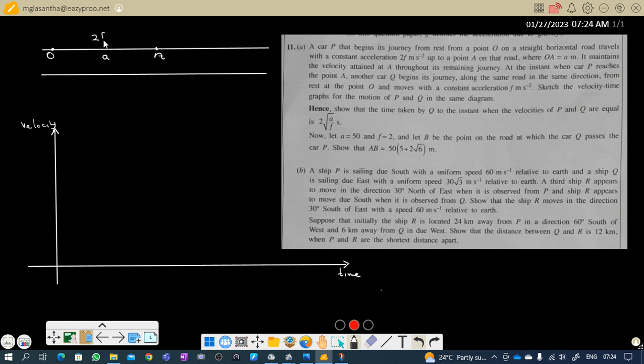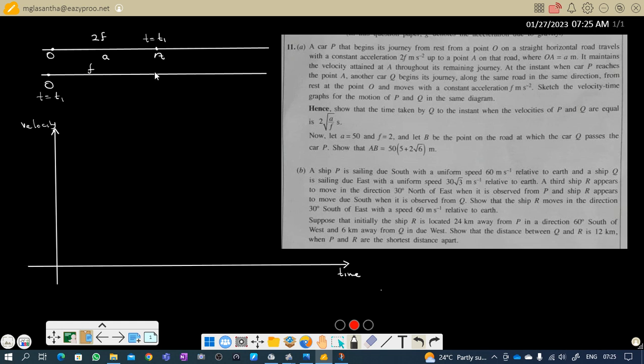Acceleration is 2f. When the car reaches point A, let's say time t equals t1, then car Q starts from point O at t equals t1, with acceleration simply f.